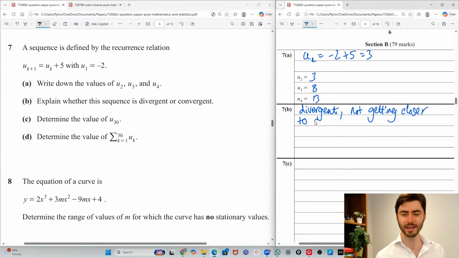I hate wordy questions. Or it could be the idea that it's constantly increasing at the same rate, so it would increase to infinity. Increasing steadily at a constant rate, and it would eventually go off to infinity.